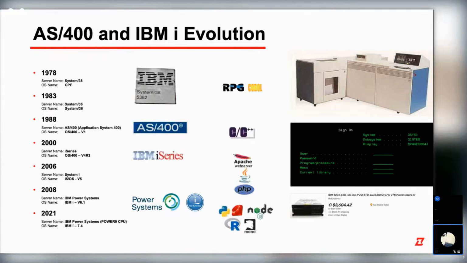So C++ is very popular, so they added C++ into the system. From there on, it went from AS400, the branding, to IBM i series, which was what the hardware was called. And now it's Power Systems.